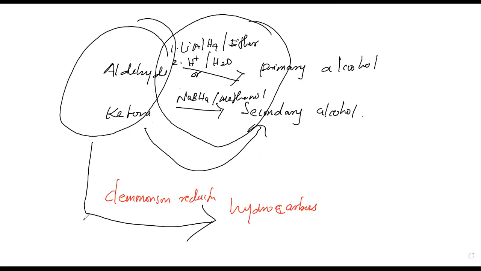In the Clemmensen reduction, we are using zinc amalgam with mercury and concentrated hydrochloric acid. Then the CO group is reduced to CH2. Are you all clear? This is what we studied yesterday.